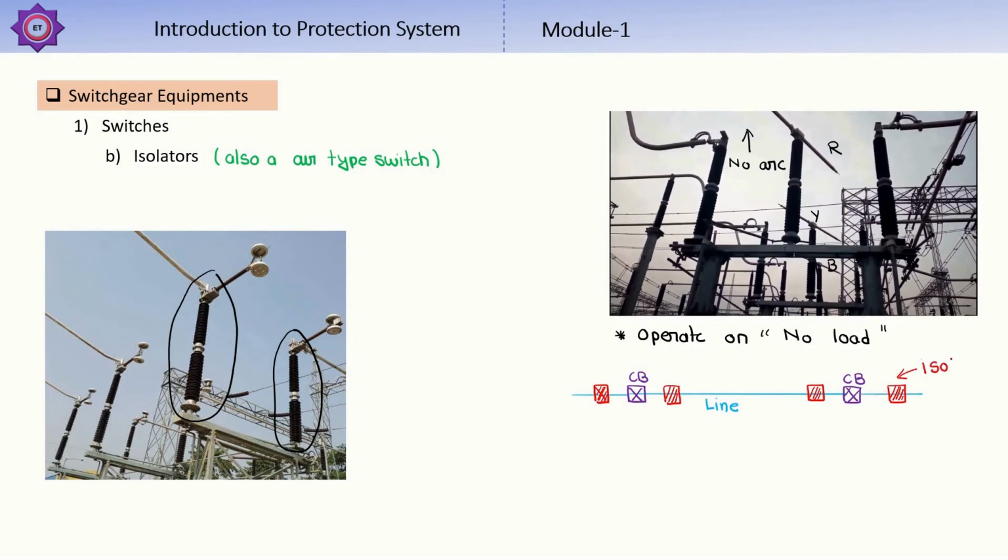And this one is isolators. Whenever circuit breaker demands scheduled maintenance or some repair work, with the help of isolator, we disconnect the circuit breaker from the line.